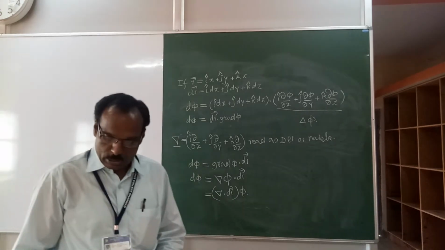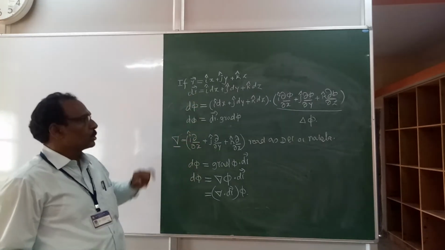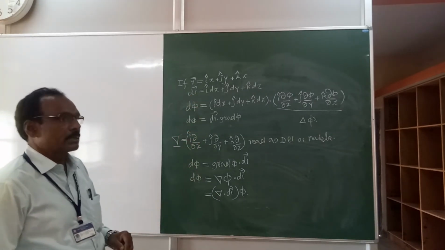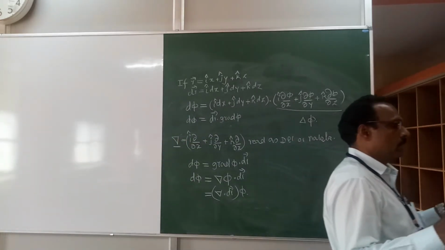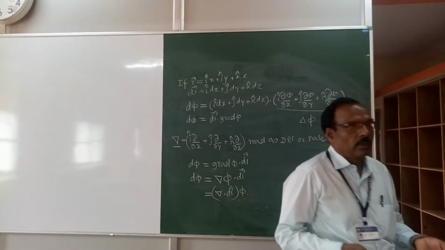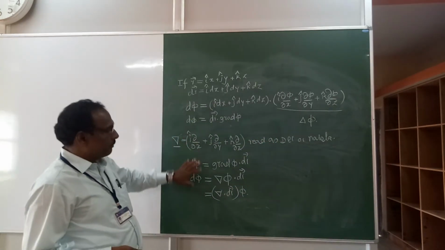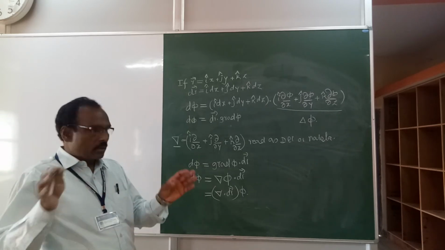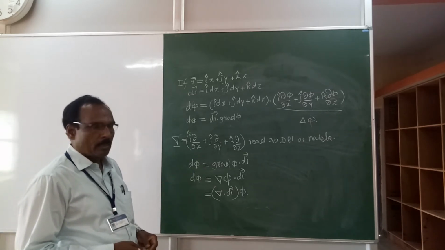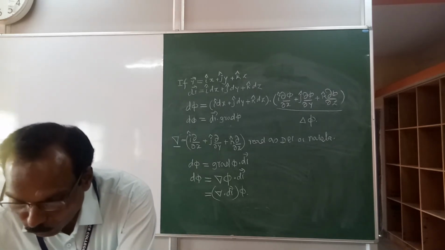By definition, we have written that the gradient of a scalar is a vector, and we have written it in a mathematical form. Fine. We have defined mathematically that the gradient of a scalar is a vector. Now, what is the physical meaning of it?